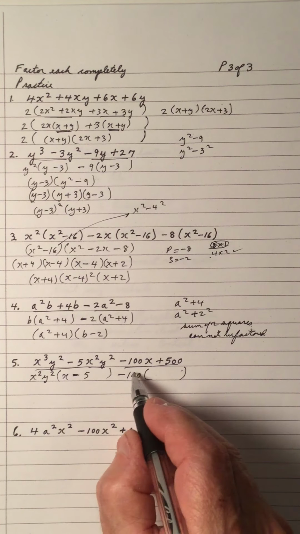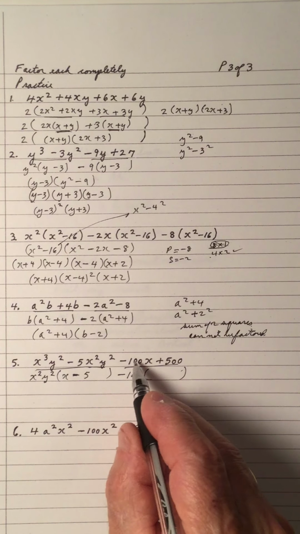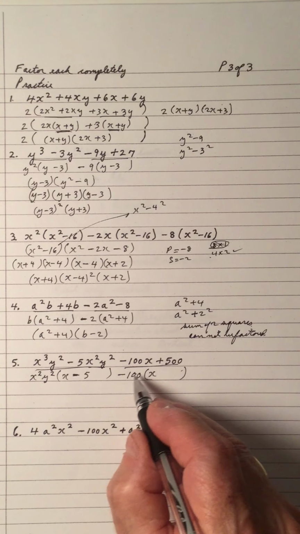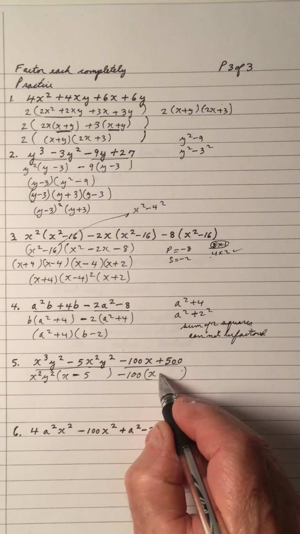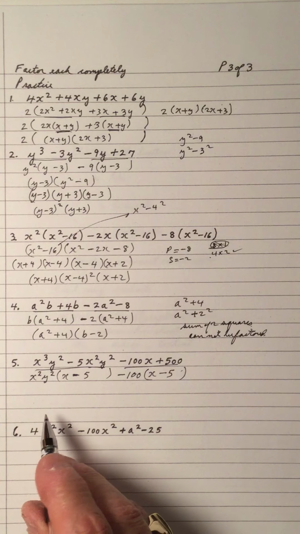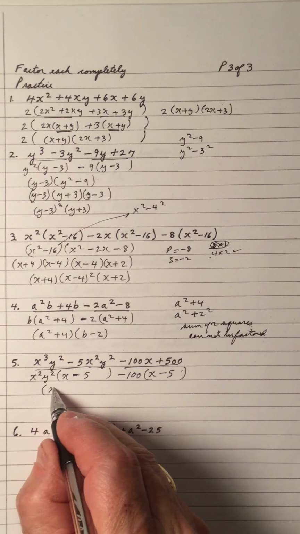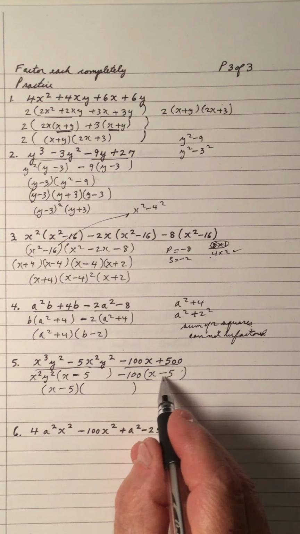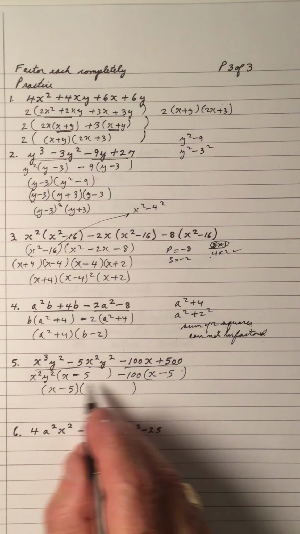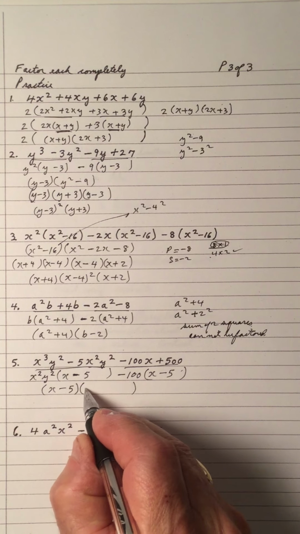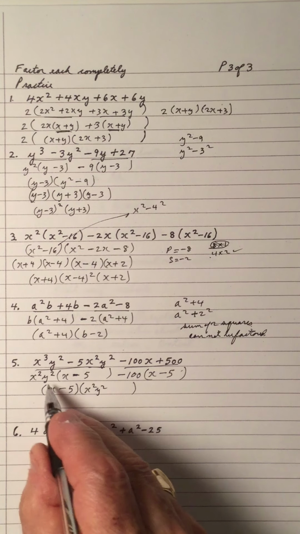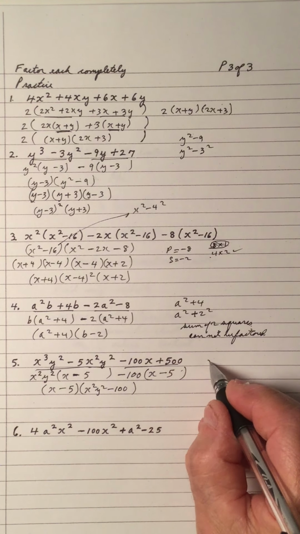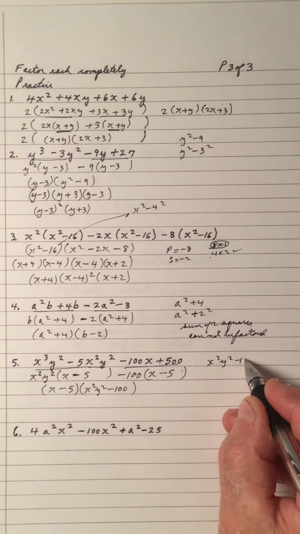So we take out the negative 100, and a negative divided by a negative is a positive, so that gives us 1x. 500 divided by negative 100 is a negative 5. So we have a GCF of x minus 5. That's common to the two of these. That's the binomial GCF. And what's left is x squared y squared in the first one, and in this one we've got a minus 100.